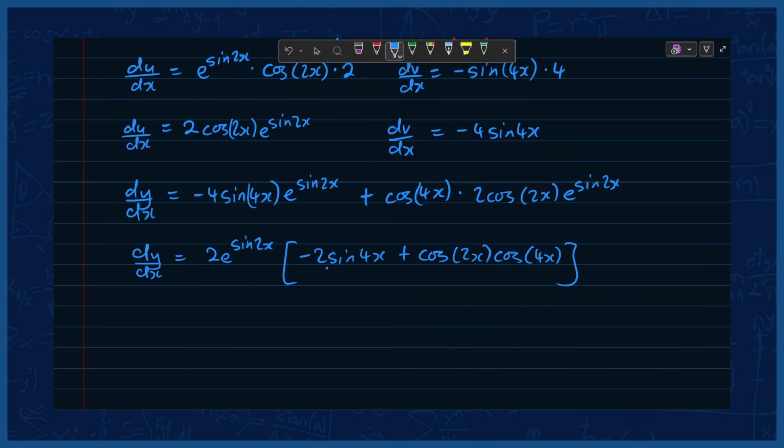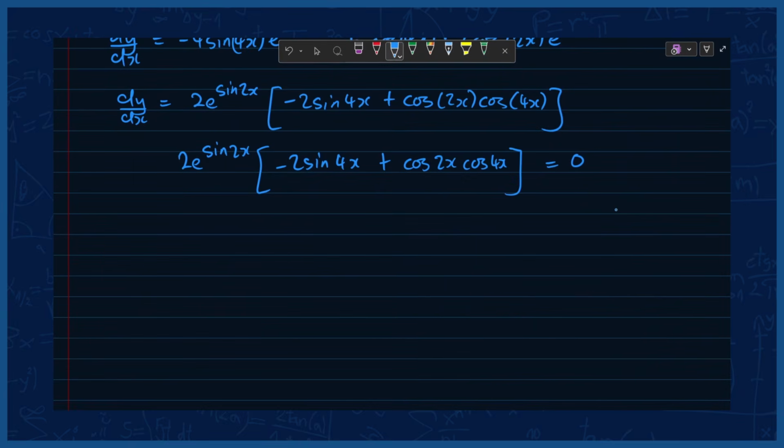This is our derivative. So we know we're dealing with a maximum point, so we equate our dy dx to 0. So this whole expression is going to be set to 0.